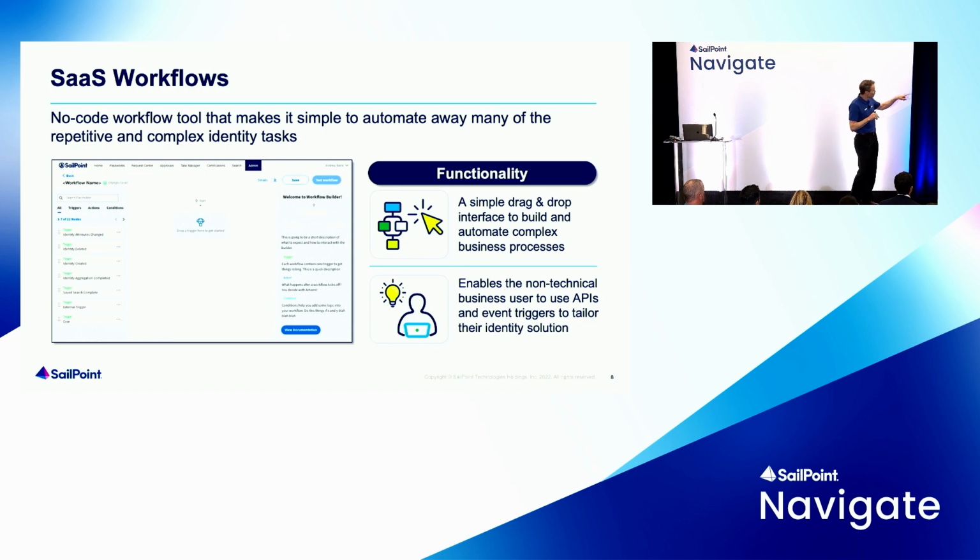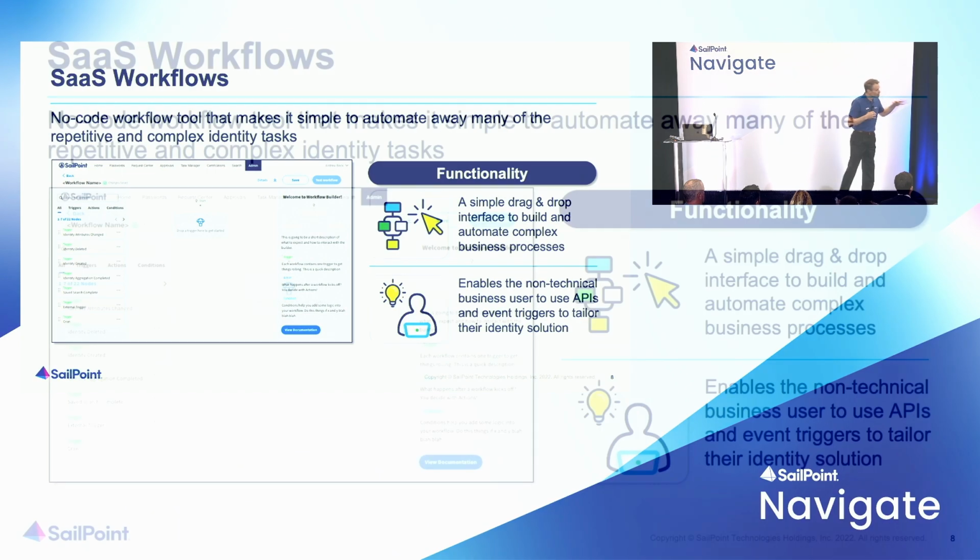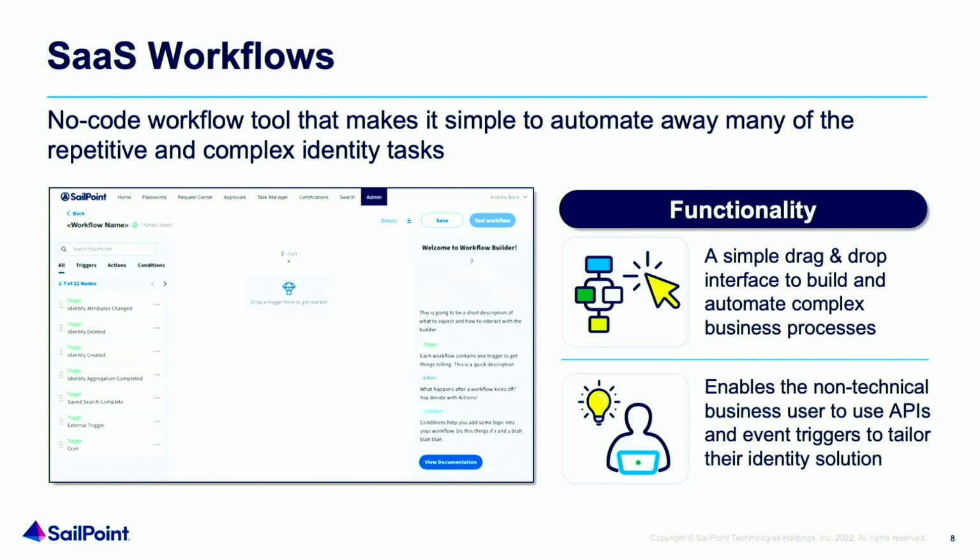The view you see on the left is the actual builder itself. It's a drag and drop style of interface. On the leftmost side of that graphic, you see where library content resides, and there are 3 main object types that you'll see there: triggers, actions, and conditions or operators.